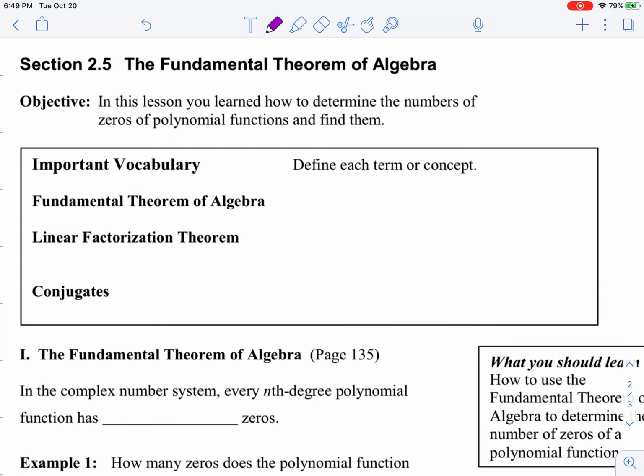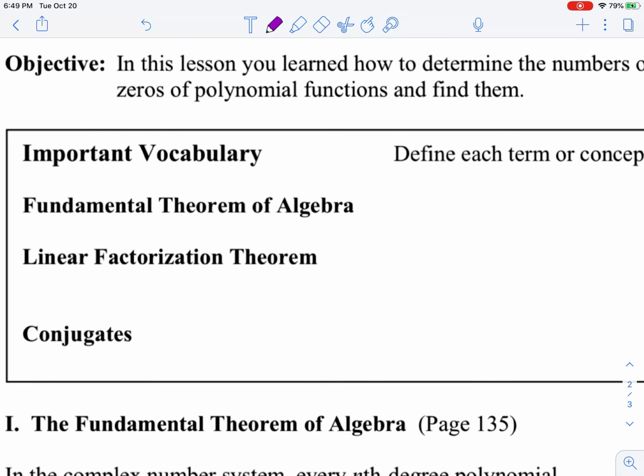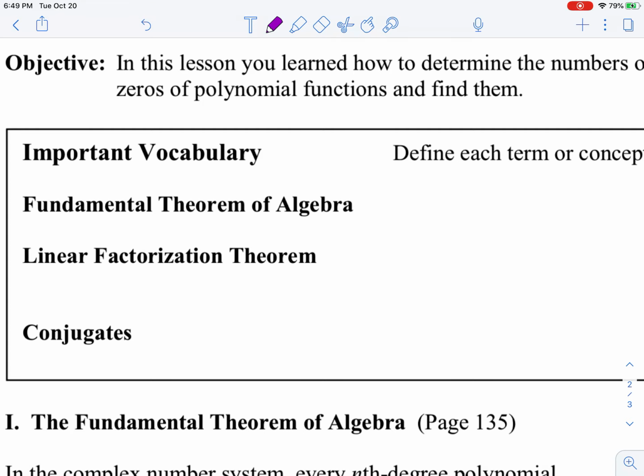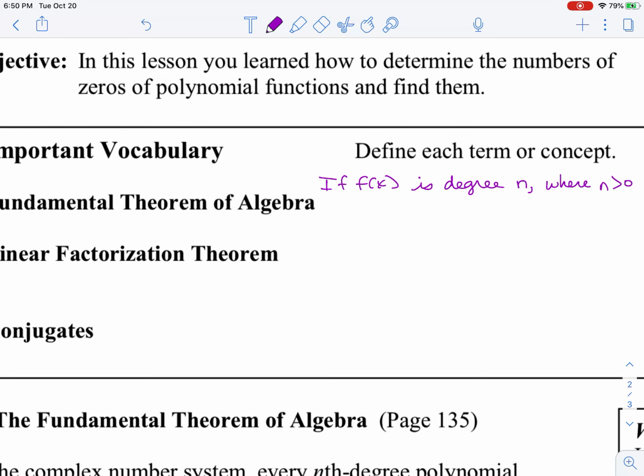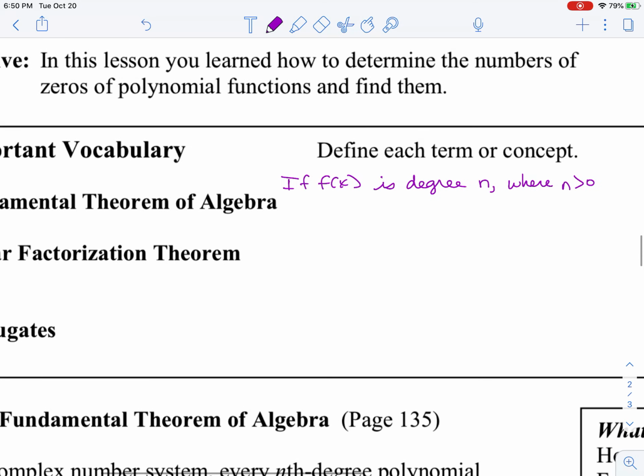So here we go. In this lesson, we're learning how to determine the number of zeros in polynomial functions and find them, okay? So our important vocab, first one is the fundamental theorem of algebra, and that says if f of x is a degree n, where n is greater than 0, so we can't have it be a negative, right?